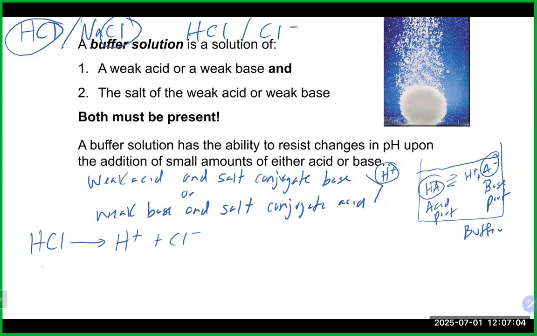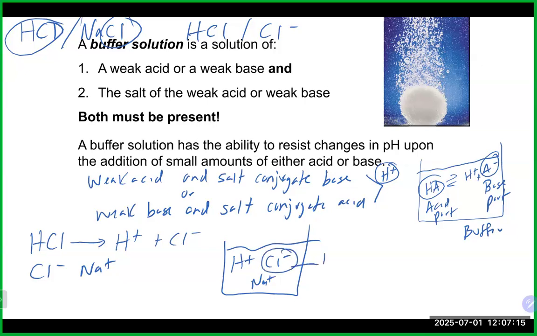And obviously you'll have some Cl minus and sodium from your sodium chloride, which means in your beaker you will only have these things. That means you only have the base part of a buffer, which is not really a buffer, and you don't have any acid part. So this cannot be a buffer.